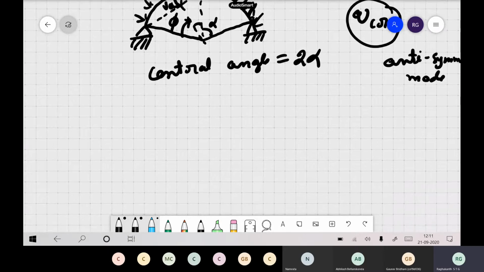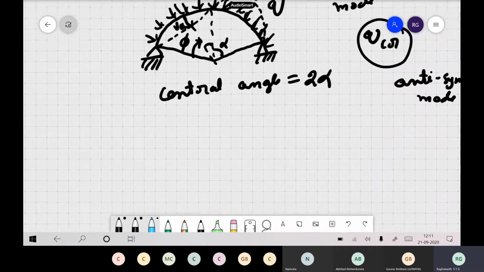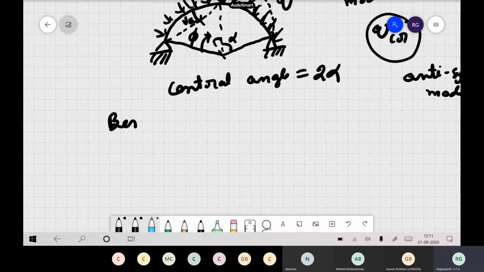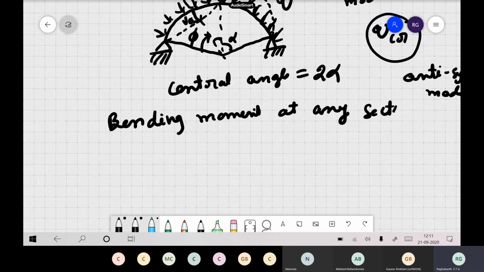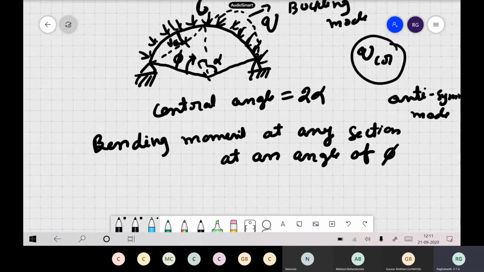If you take any cross section which is subjected to this, we can find out the bending moment. So what will be the bending moment at this section, at an angle of phi, from this side? Now generally in arches, what type of internal forces will be there?